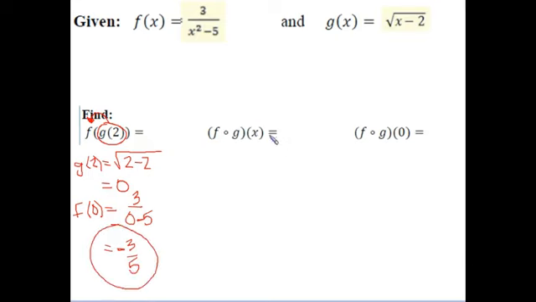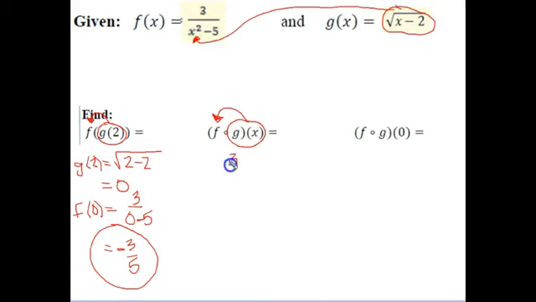Now the next one, notice how we don't have a number in here. We're specifically talking about x's, so we're specifically talking about our functions themselves. We're going to put the g equation into the f. So we're going to put this entire equation into our f equation for that value of x.